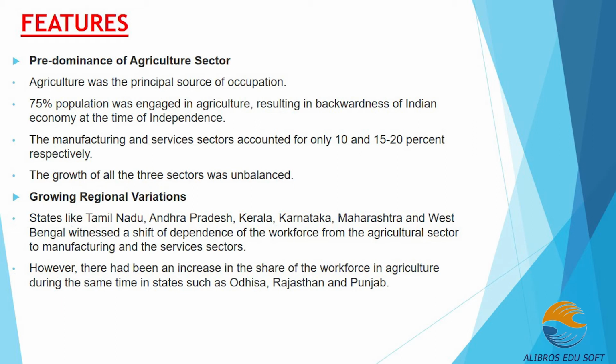Around 75% of the population was engaged in agriculture. It resulted in the backwardness of the Indian economy at the time of independence. When comparing the Indian economy during the colonial rule of the British with the present scenario, we can see a gradual decrease in the population employed in the primary or agricultural sector.